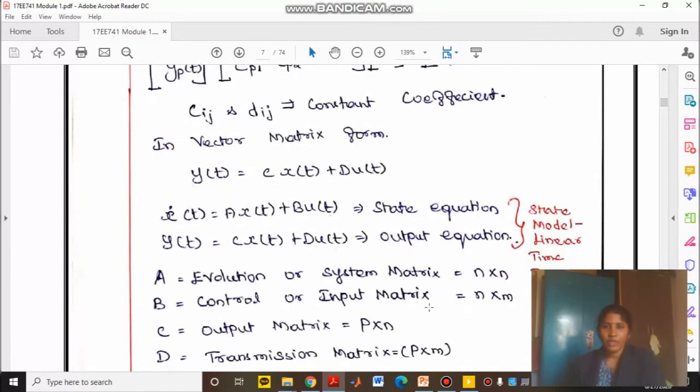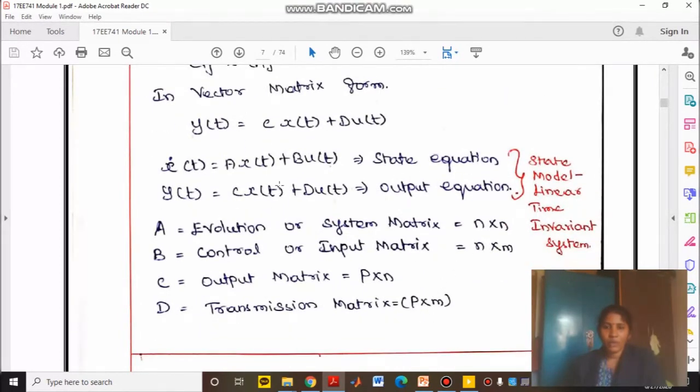The combined state equation and output equation for a linear time invariant system is x dot of t is equal to A x of t plus B u of t, and the output equation y of t is equal to C x of t plus D u of t. So these are your state equation and output equation.